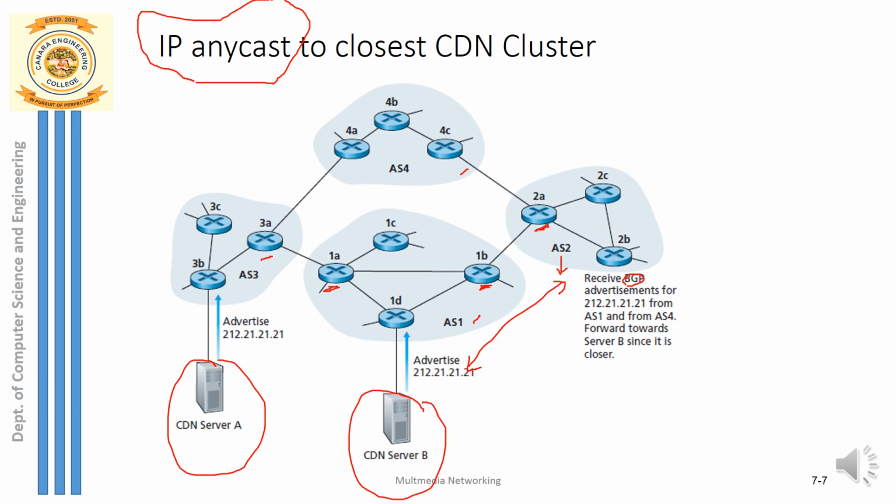AS1, AS2 is one AS path. AS2, AS1, AS3 is one more path, or AS3, AS4, AS2 is one more path to reach CDN server A. Among these paths, the closest is AS1, AS2, through which it can find the shortest path to the closest CDN server. That's how the IP anycast technique works to choose the closest CDN cluster.